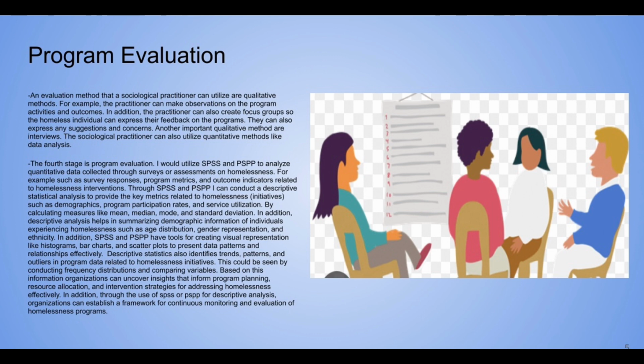Descriptive analysis helps in summarizing demographic information of individuals experiencing homelessness, such as age distribution, gender representation, and ethnicity. SPSS and PSPP have tools for creating visual representations like histograms, bar charts, and scatter plots to present data patterns and relationships effectively.